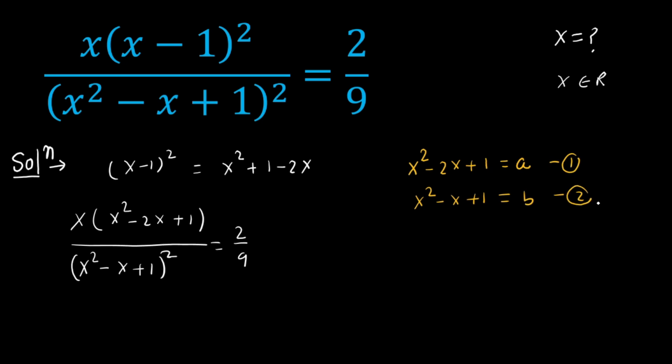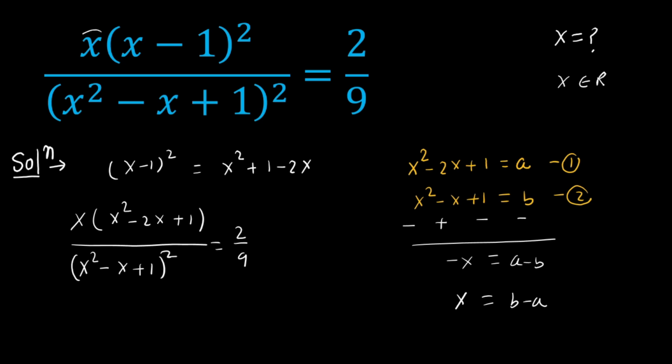If we subtract equation second from first, then x square minus x square cancels out, and minus 2 times x plus x is minus x, and plus 1 minus 1 cancels out, and this is equal to a minus b. If we multiply both sides by minus 1, then on the left hand side we get x, and this is equal to b minus a.